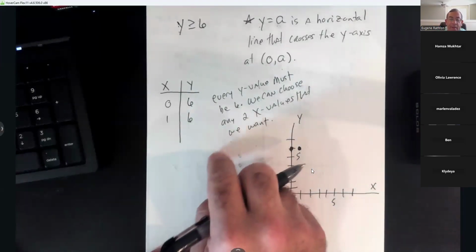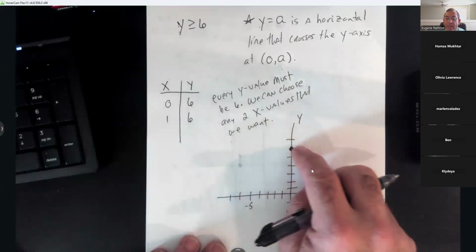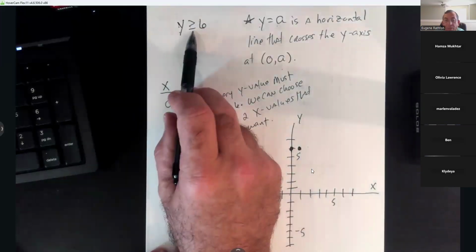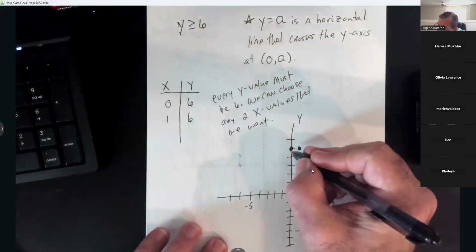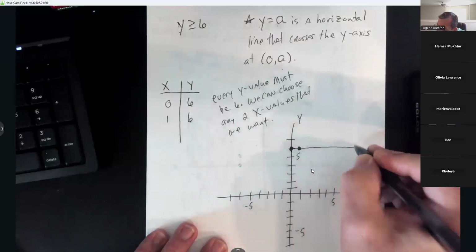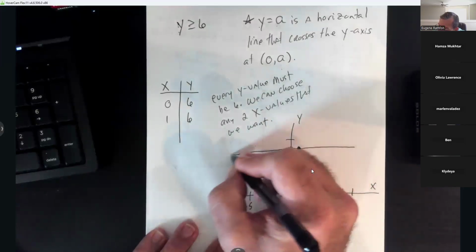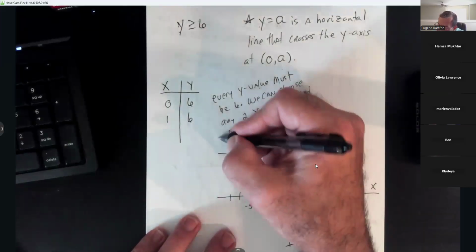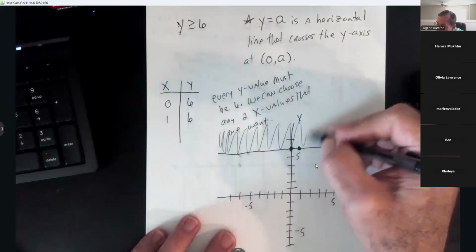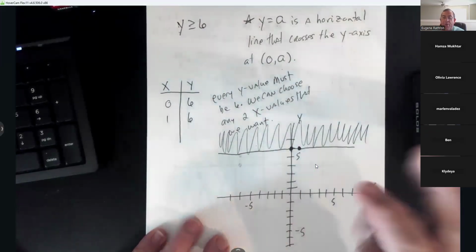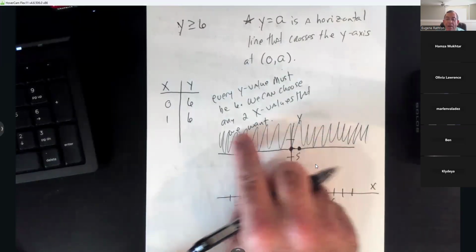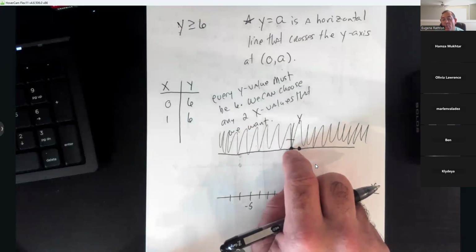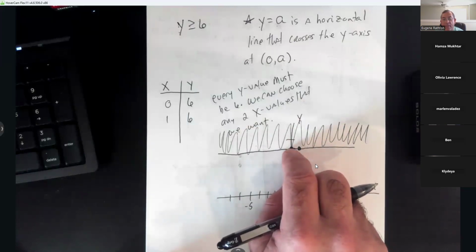It don't matter. As long as the y values are 6, you'll get a horizontal line. All right, so for this one, there's equals under it. So I would choose the solid line going across there. It's greater than, so I would grab my paint can and I would shade above the line. So any Y value that got shaded would be greater or equal to that Y value of 6.